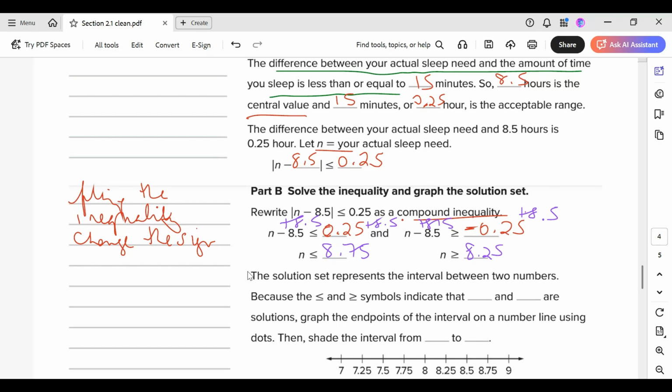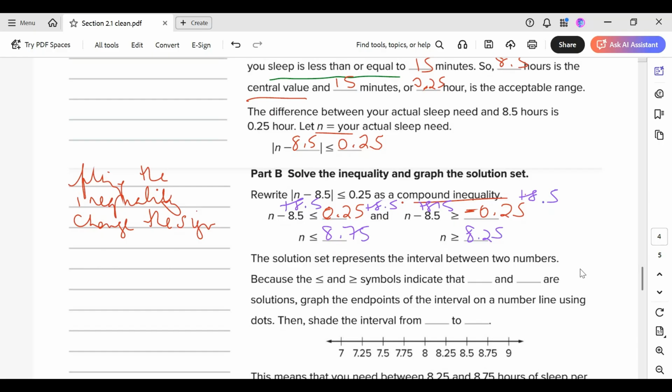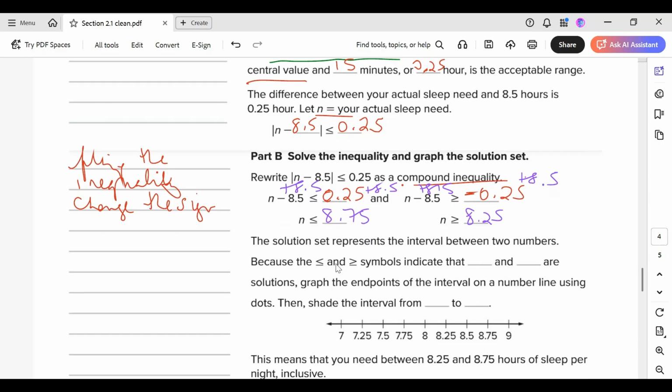The solution set represents the interval between two numbers because the less than or equal to and greater than or equal to symbols indicate that 8.25 and 8.75 are solutions. We're going to graph the endpoints on the number line using dots, so solid dots. And then we're going to shade the interval from 8.25 to 8.75.